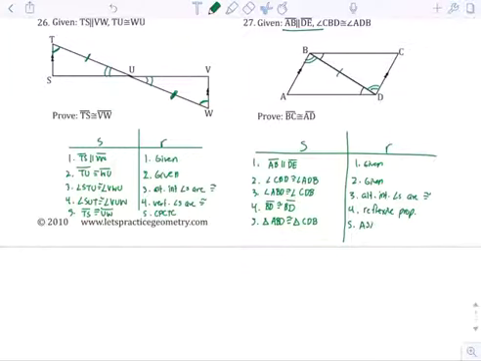Angle, side, angle. And lastly, we can say BC is congruent to AD because of CPCTC.